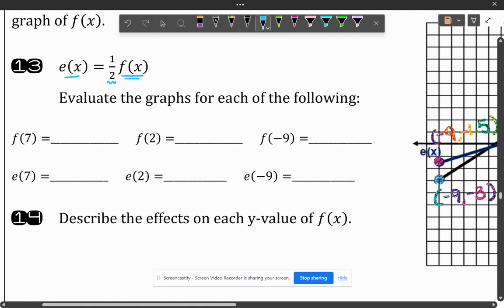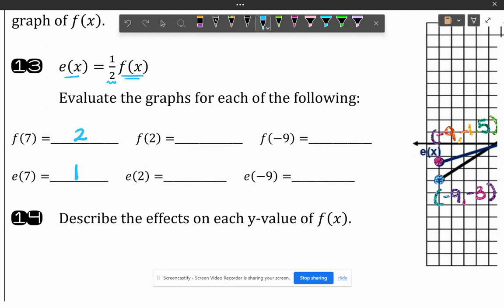So writing this all down, f of 7 is 2, e of 7 is 1, f of 2 is 0, e of 2 is 0, and f of -9 is -3, e of -9 is -1.5, okay? See how our y values are being multiplied by a half?